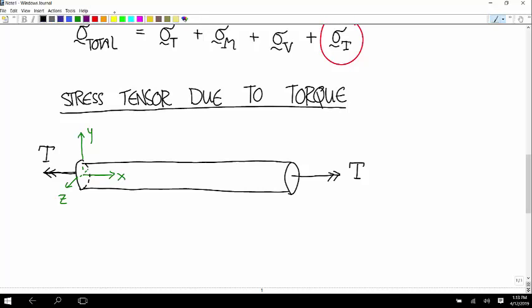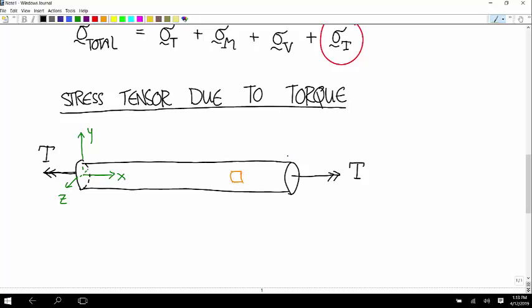So if we start out with a stress element like this, just imagine we start out with sort of a rectangular piece on the surface of that. I have it sort of curved because I'm drawing it with a finite size, but imagine limiting this down to zero size. What's going to be the deformation of that thing when you apply this torque?